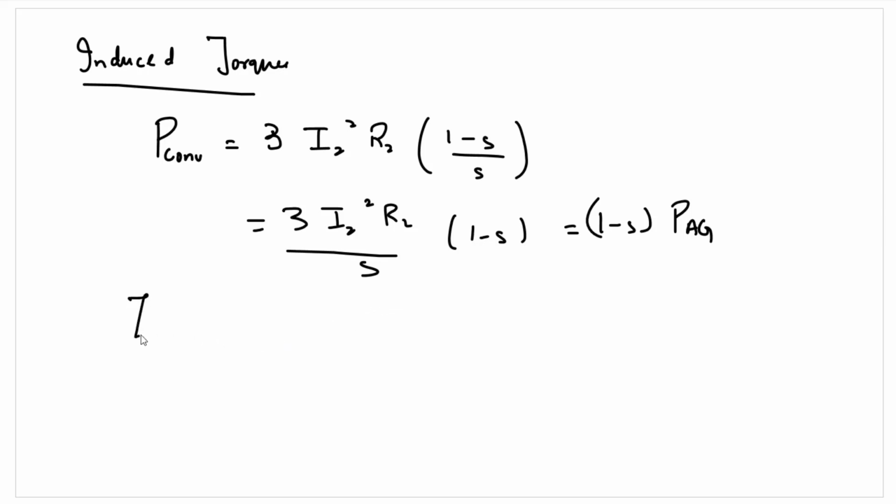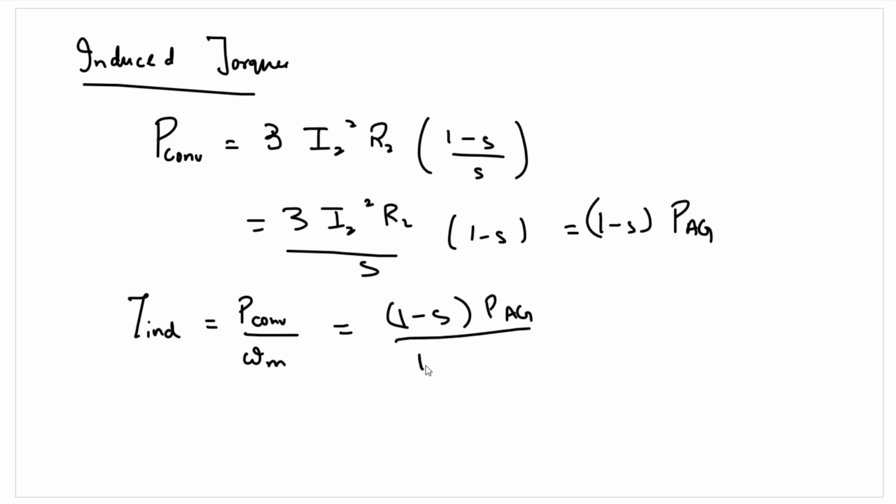The torque induced because of this power will be P converted divided by omega m, where omega m is the mechanical speed of rotation. P converted is the power available to the shaft of the induction motor. We can write this now as (1 minus S) PAG divided by (1 minus S) omega S, where omega S is the synchronous speed.